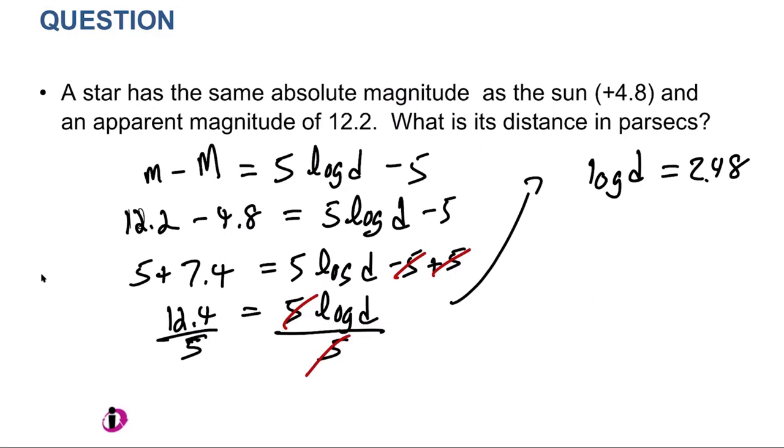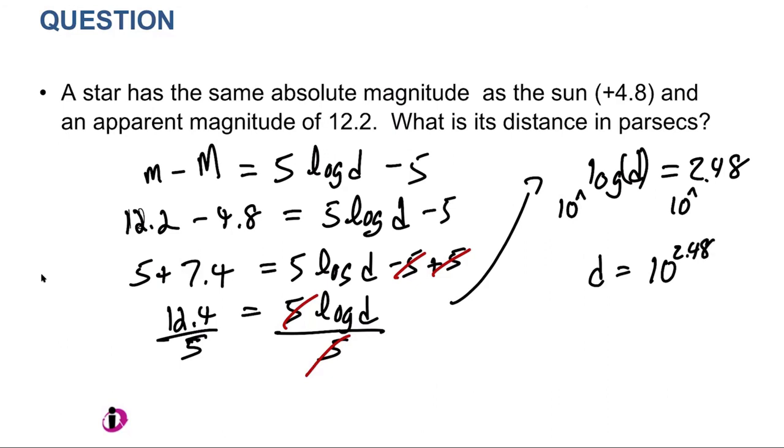All right, now how do we get rid of this? How do we solve for d if we know that the log of the distance is 2.48? This is a little bit tricky, but this is where you have to remember how to get rid of this log. And you do that by taking 10 and raising it to the power of both sides. 10 to the log base 10 of d is d. That gets rid of the log. And this is going to be equal to 10 raised to the power of 2.48.